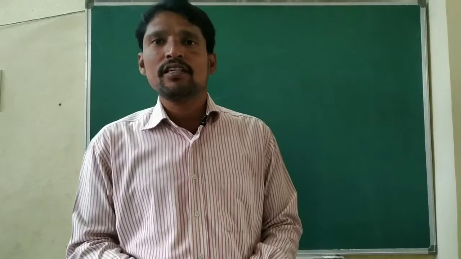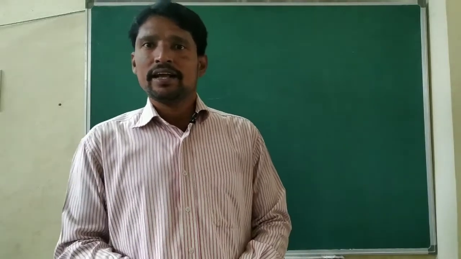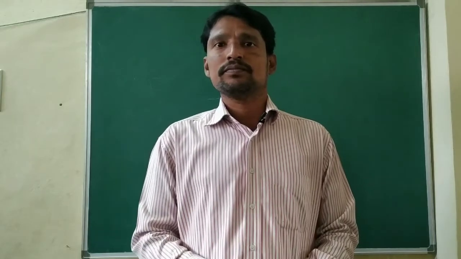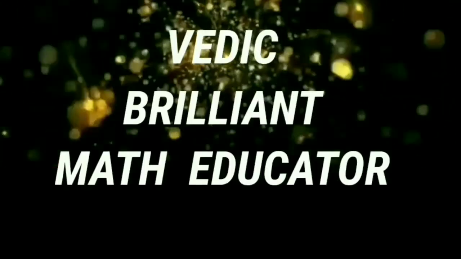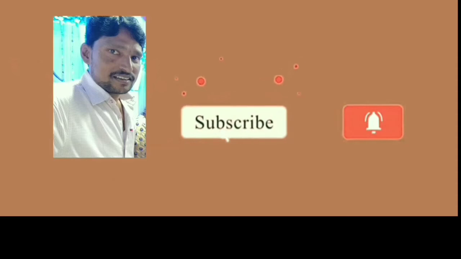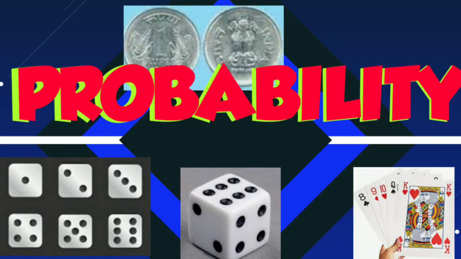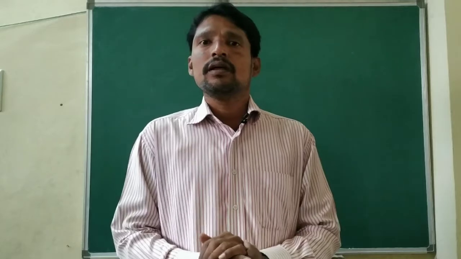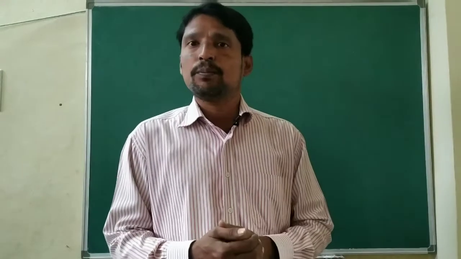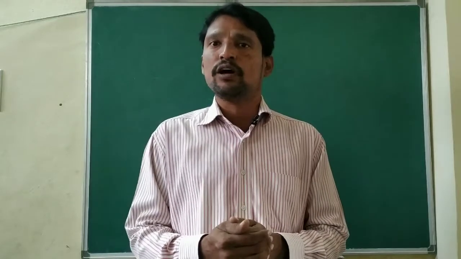Today we are going to discuss probability, class 10, exercise 13.2, problems number 3 and 4. In the previous video we have seen how to find the probability of different types of balls and marbles.